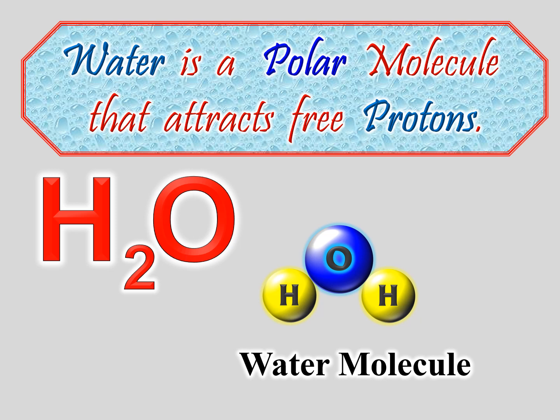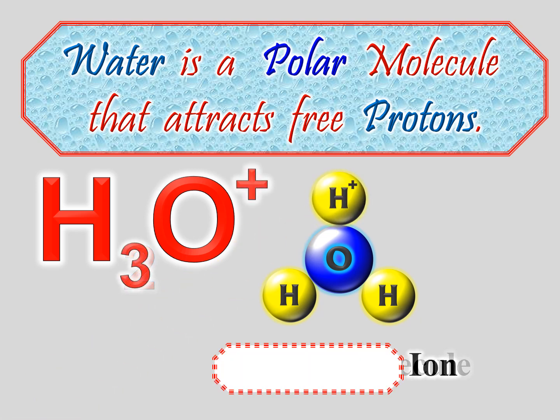Now, which side of the water molecule is the delta negative side? Well, which one of those has a higher electronegativity, the oxygen or the hydrogen? Definitely the oxygen. Remember, oxygen is the silver medal winner for electronegativity. So if a hydrogen ion goes drifting along, it's going to stick to the oxygen side.